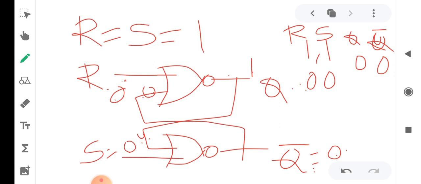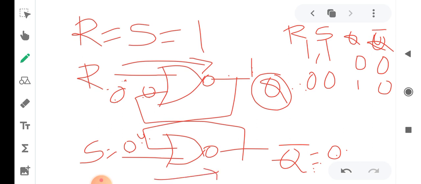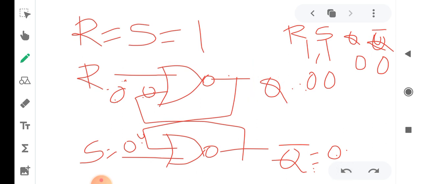So Q is 1 and Q complement is 0. When I take from here, it is 1 0, and when I take from there, it will be 0 1. That I show you now.